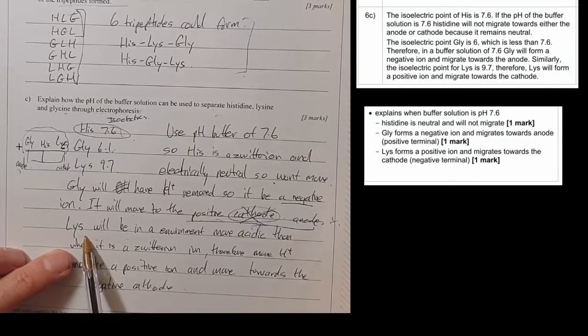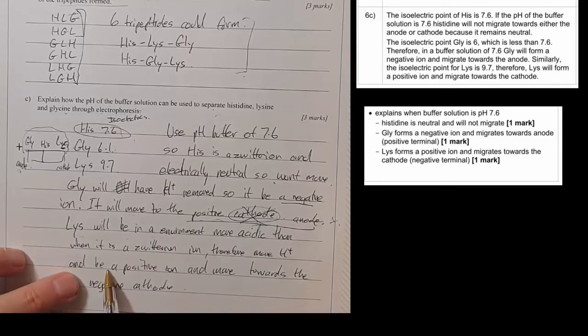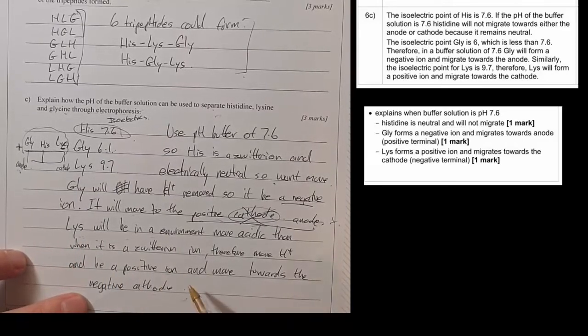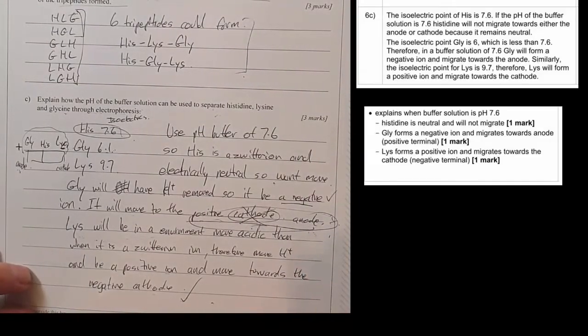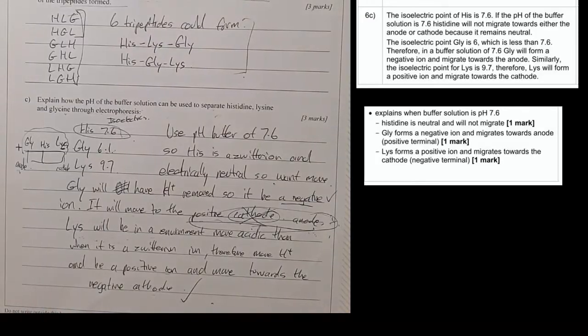All right, so that looks like I got 2 out of 3. Ooh, nasty. All right, lysine forms a positive ion in a more acidic environment. Positive ion moves toward the negative cathode. Oh my God, what a disaster. Disaster has struck. All right, so just got to be careful. Don't know whether explaining and writing and everything at the same time is making me lose my concentration. Possibly. I'll blame it on that.